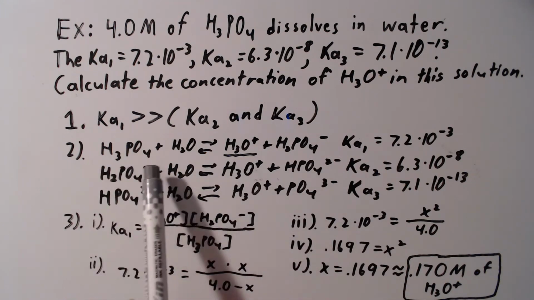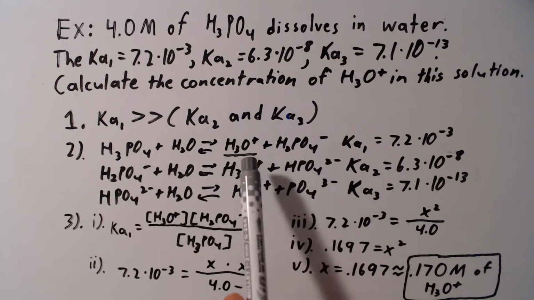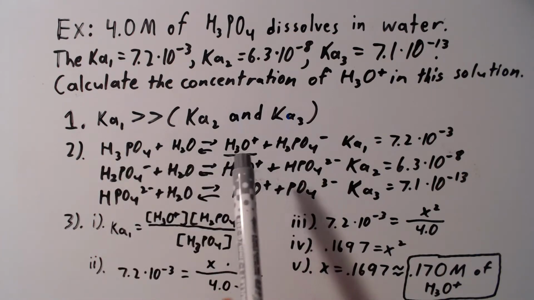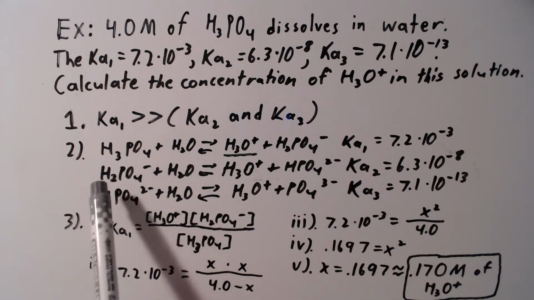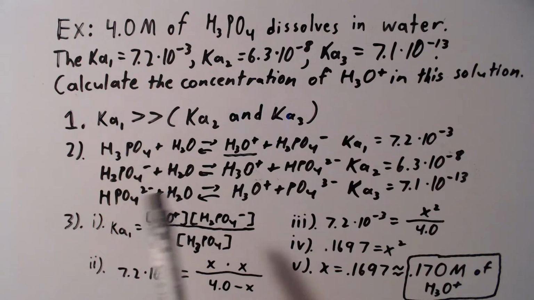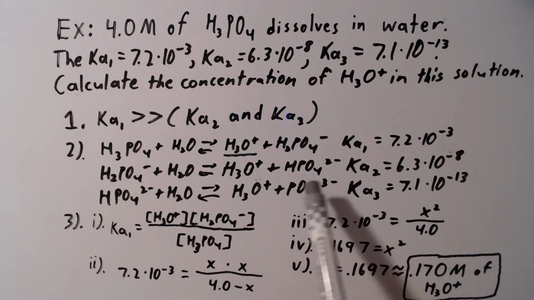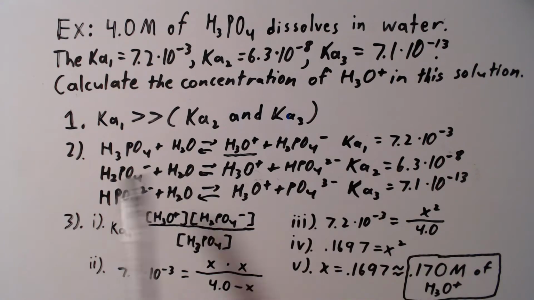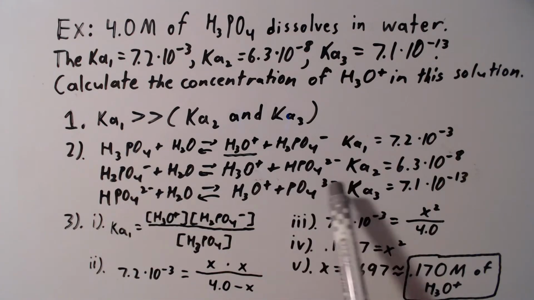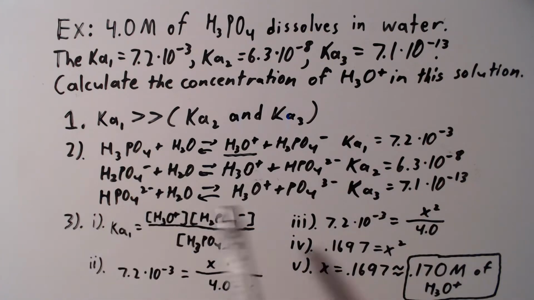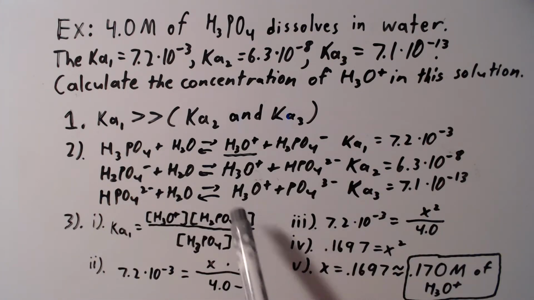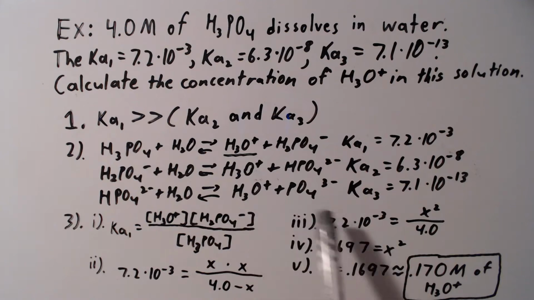Each time the H3PO4 loses an H to the water and makes H3O+, and then it makes H2PO4-, which then again loses an H, that makes another H3O+, and that yields HPO4 2-. Then the HPO4 2- loses another H to water to make another H3O+, and finally we're left with the PO4 3-.